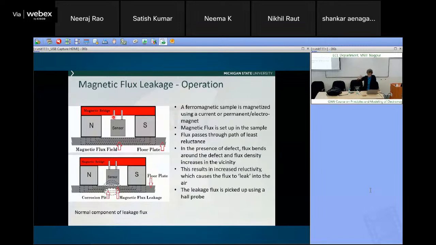MRI is a very complicated scenario, and I don't want to get into that, but they use different types of coils to focus, and over there they don't measure field, they measure the moment, the precession and different motions of the magnetic moment of molecules, and they pick that up.